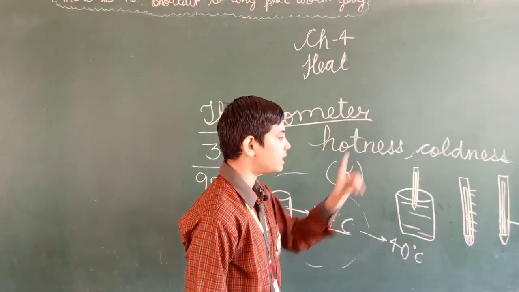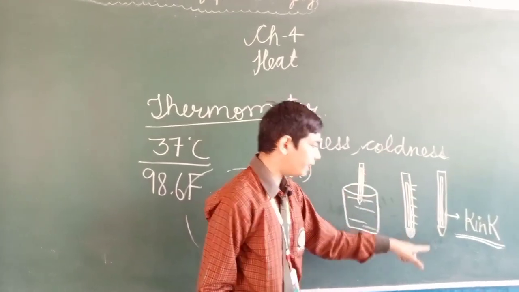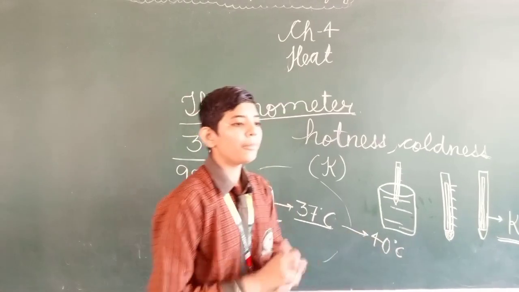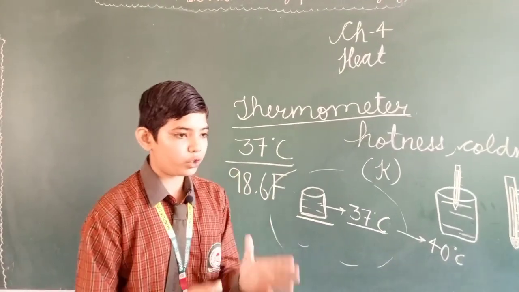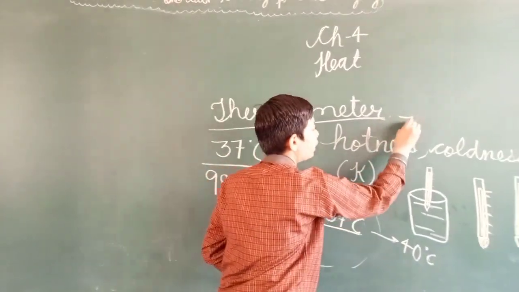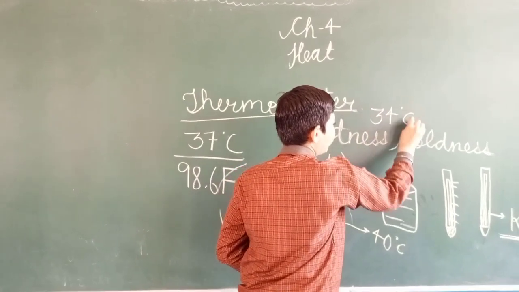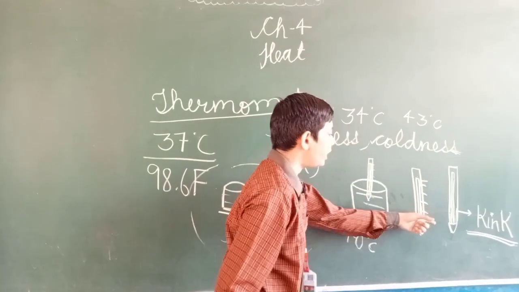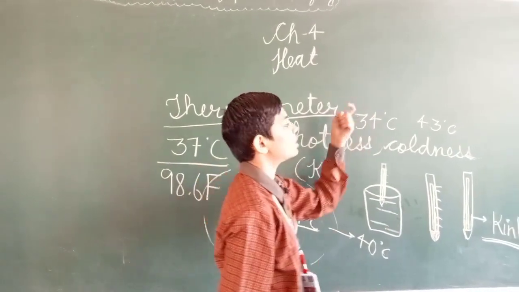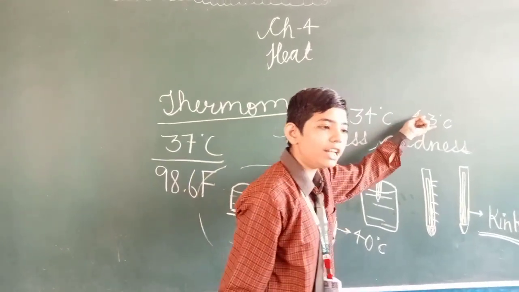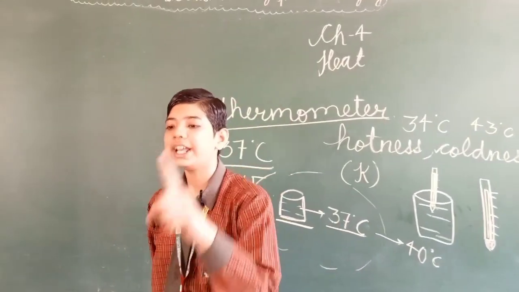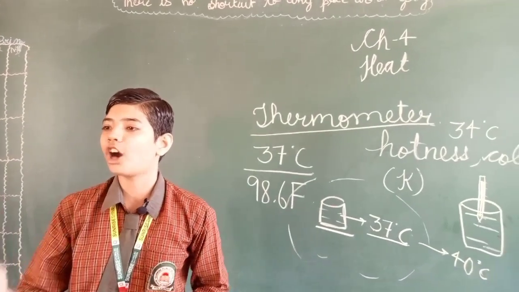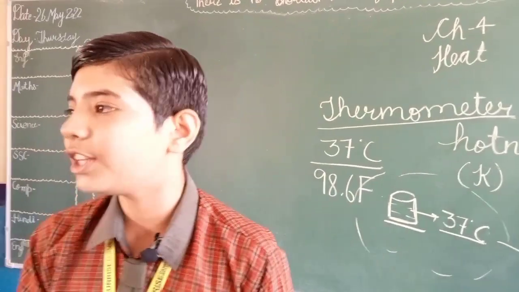One more difference between the clinical thermometer and the laboratory thermometer is that the human body's temperature can go down only to 34 degrees Celsius and can increase to 43 degrees Celsius. That's why the clinical thermometer reading is between 34 and 43 degrees Celsius.